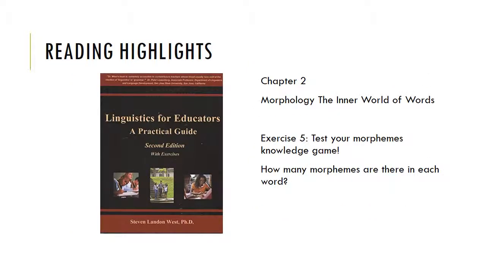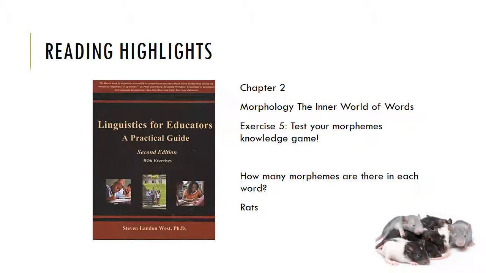The West chapter, chapter 2, is pretty straightforward, but it does have a fun little test your morphemes knowledge game. And it lists several words that you can see how you do with counting morphemes. So I thought we'd do a few together. So the first one is the word rats.